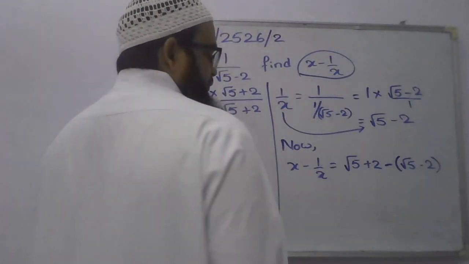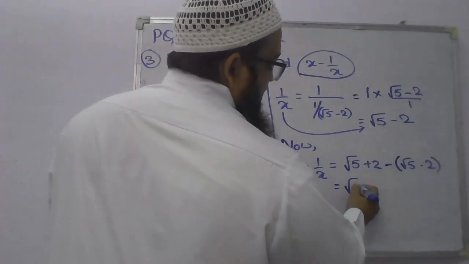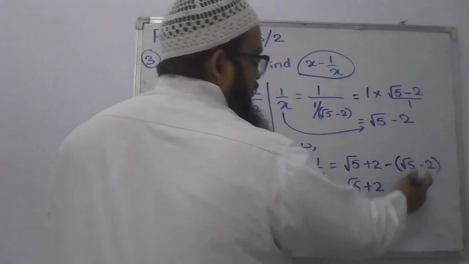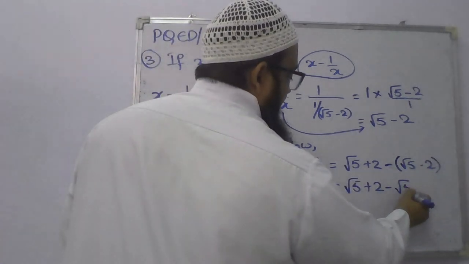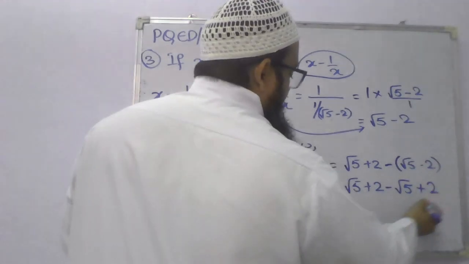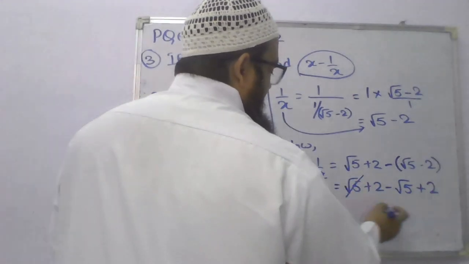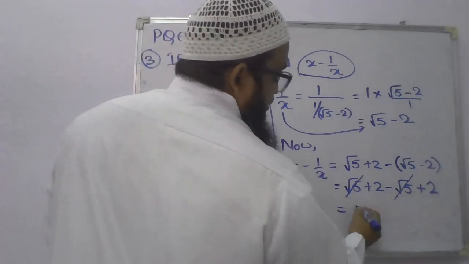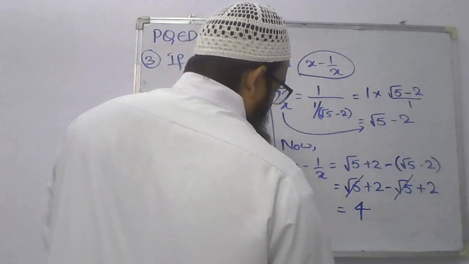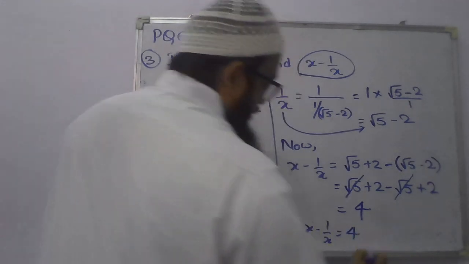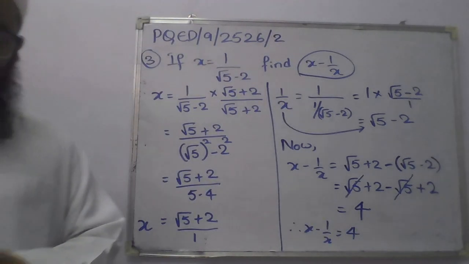Now open the brackets: root 5 plus 2, and minus of root 5 is minus root 5, minus of minus is plus 2. So now root 5 and minus root 5 get cancelled. What is left out? 2 plus 2 is 4. So therefore x minus 1 by x is equal to 4. Is it clear, my dear students?